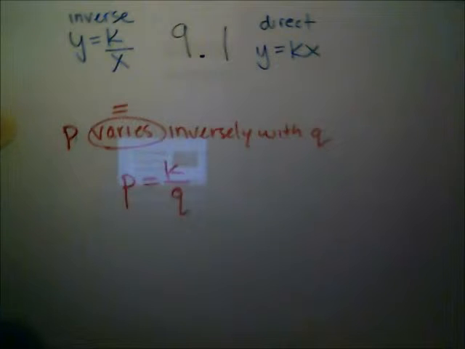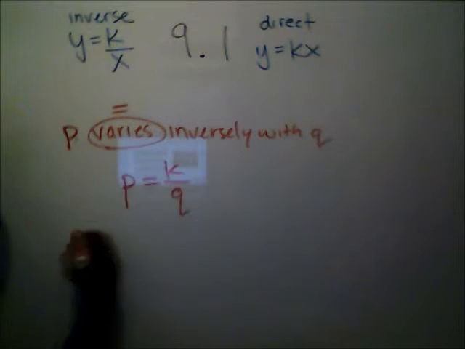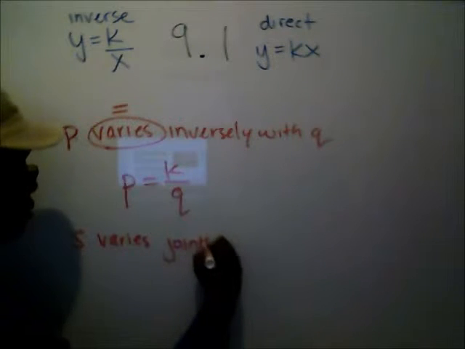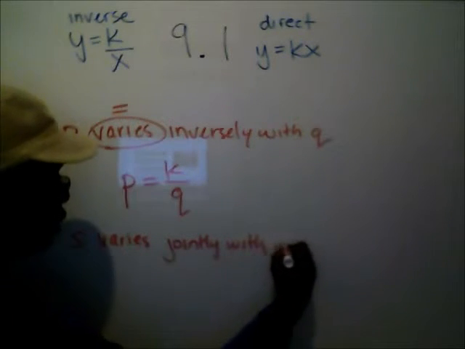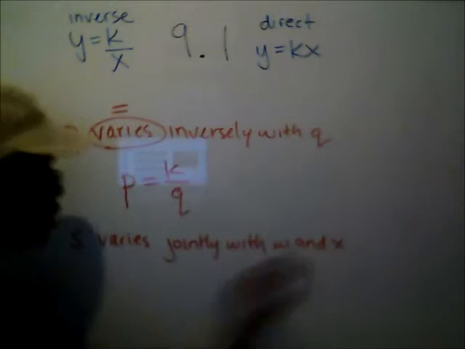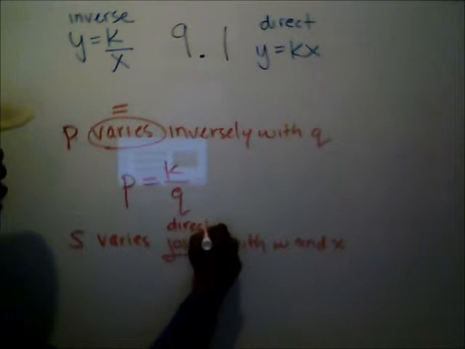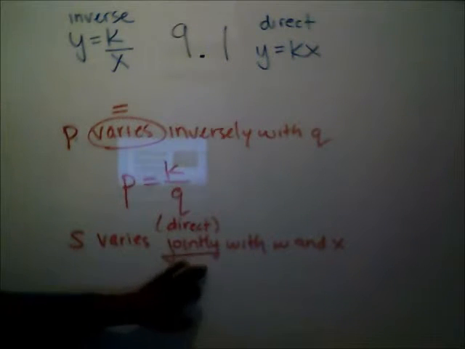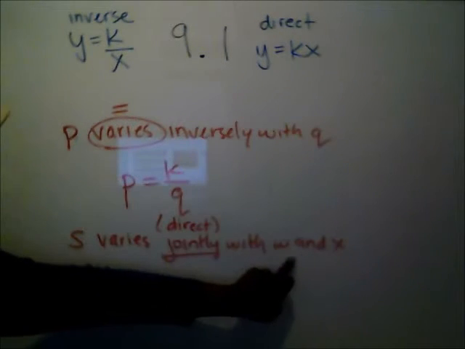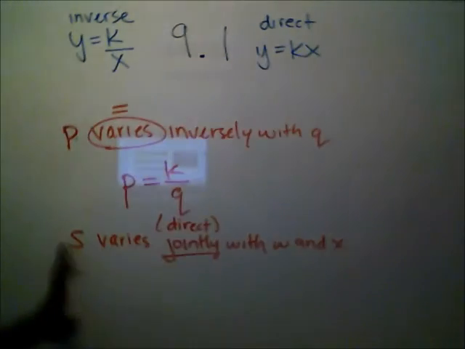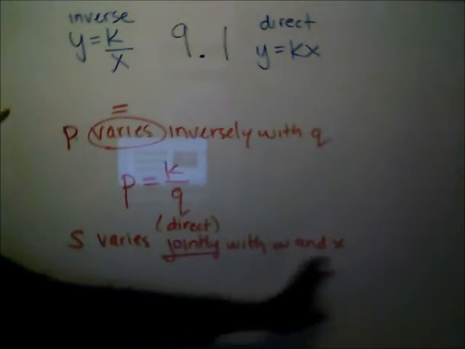Let's say that you had S varies jointly with W and X. Okay, so joint is another word for direct. Joint we usually use when we're dealing with two different variables. So instead of just having y and x, we have three variables, s, w, and x.